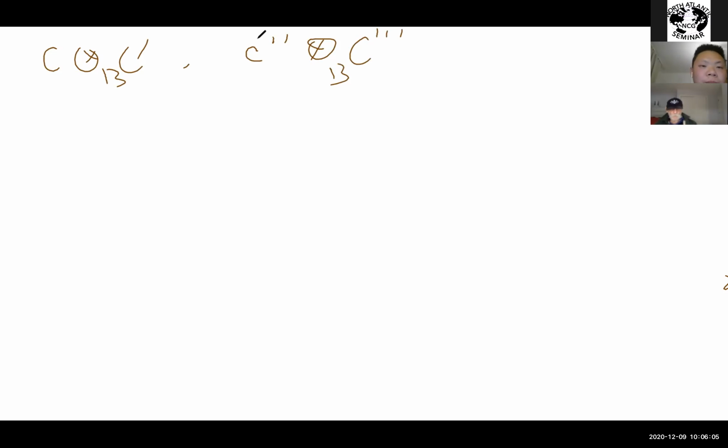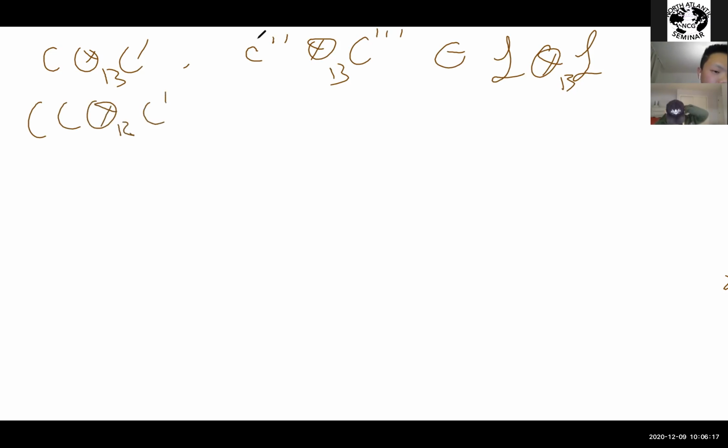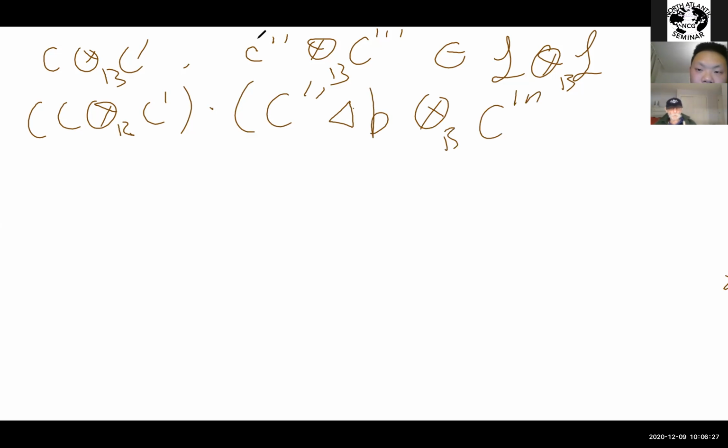They are both two elements belonging to L tensor L over B, and now we want to calculate C tensor B C prime times C double prime with a right action tensor by C triple prime.